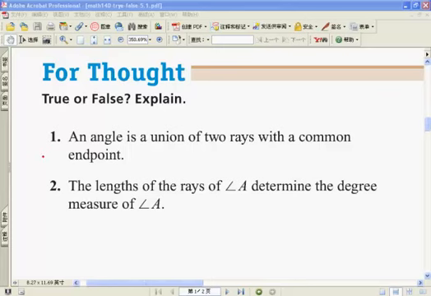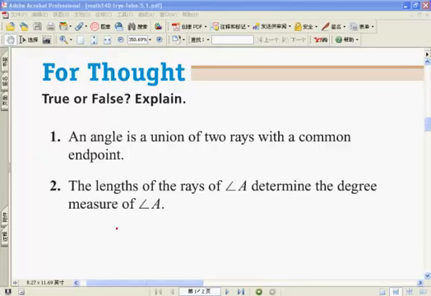True or false? True, right? By the definition of angle, it's really the union of 2 rays with a common endpoint. This common endpoint is called the vertex of the angle.